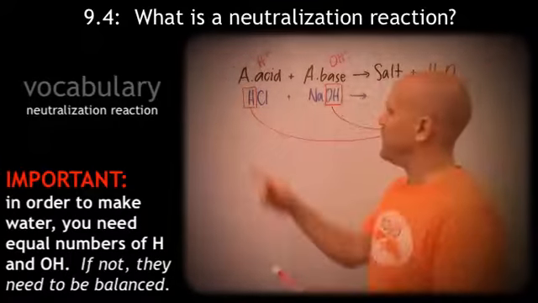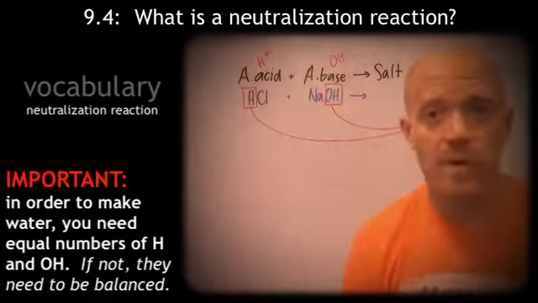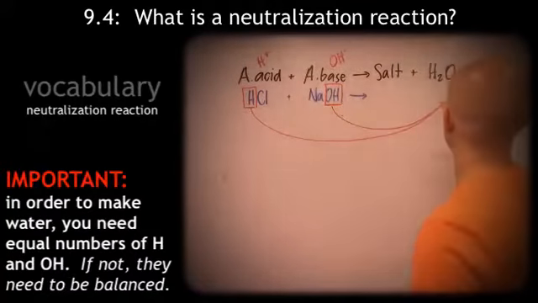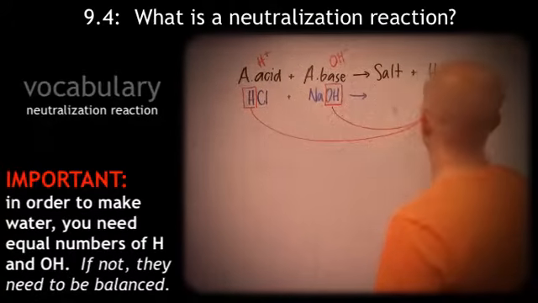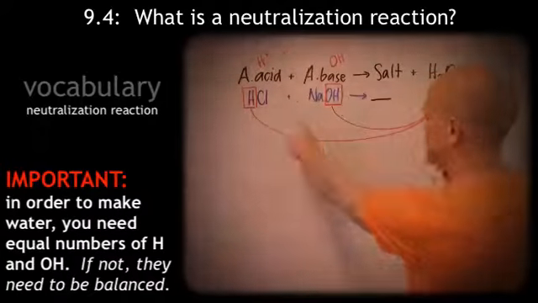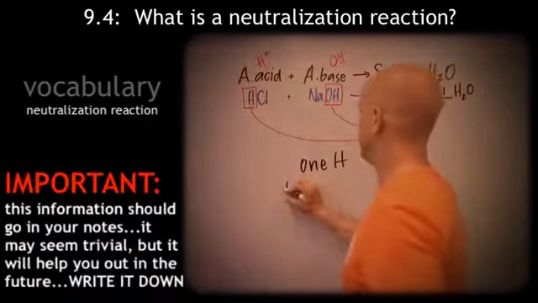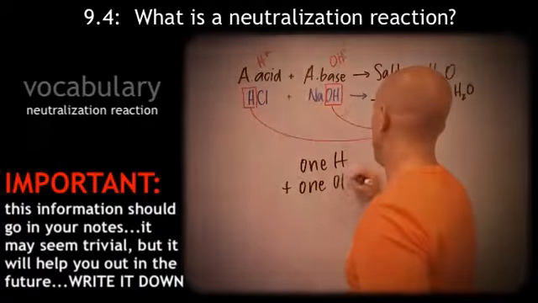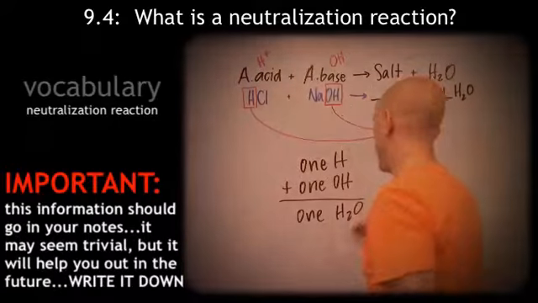Now in this example, I have one H and one OH, and that's going to form one water. Okay, and then I'm going to also have a salt in here that I'm going to add. Before I do that, let's look at this. 1 H plus 1 OH is 1 water.